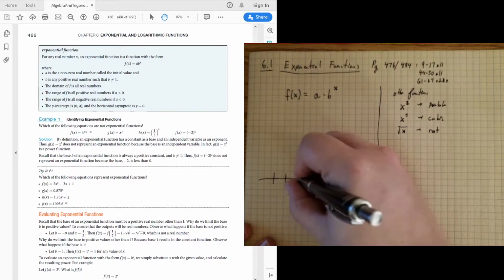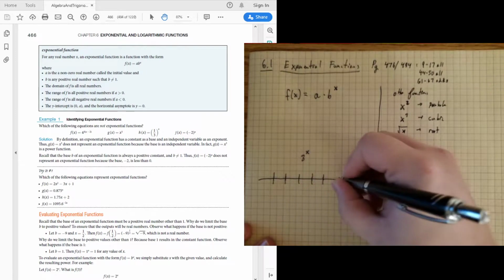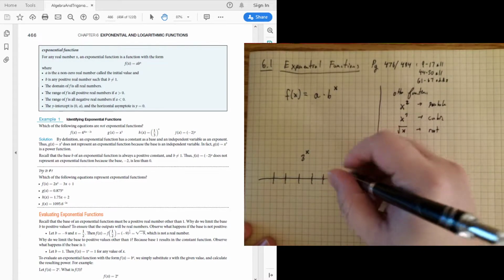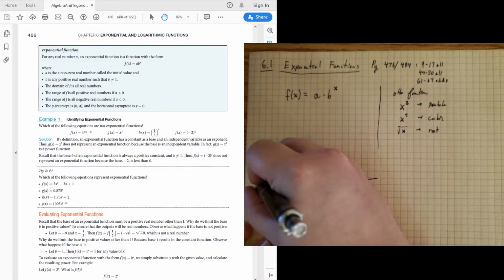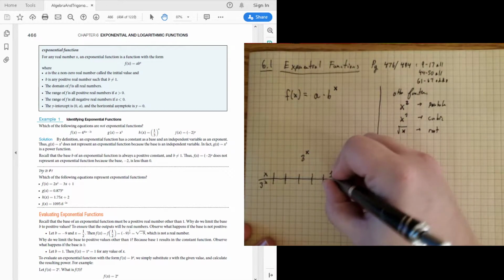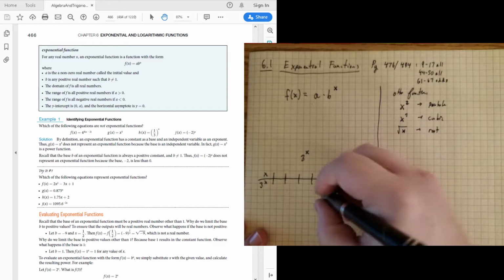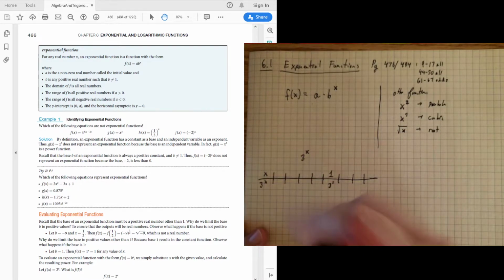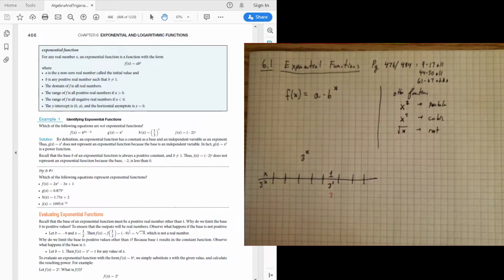Let's make a full list here. First, what happens if x is 1. Well, if x is 1, that means we have 3 to the first power, which of course is just 3.